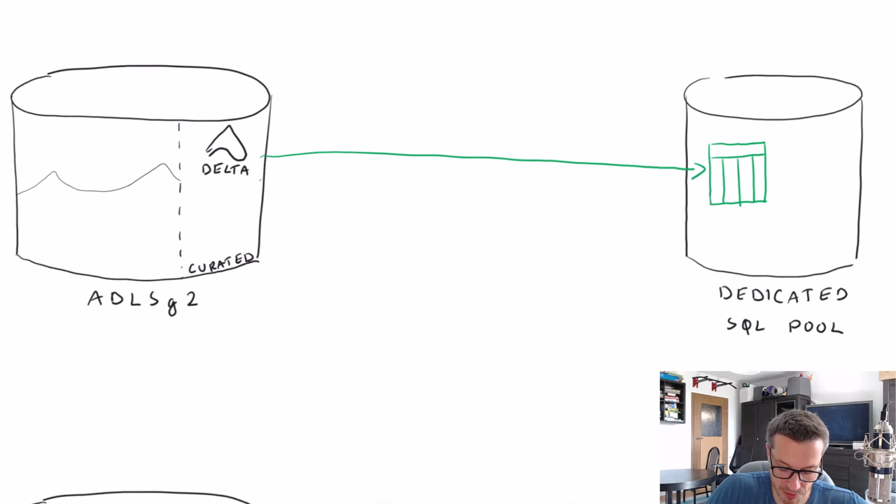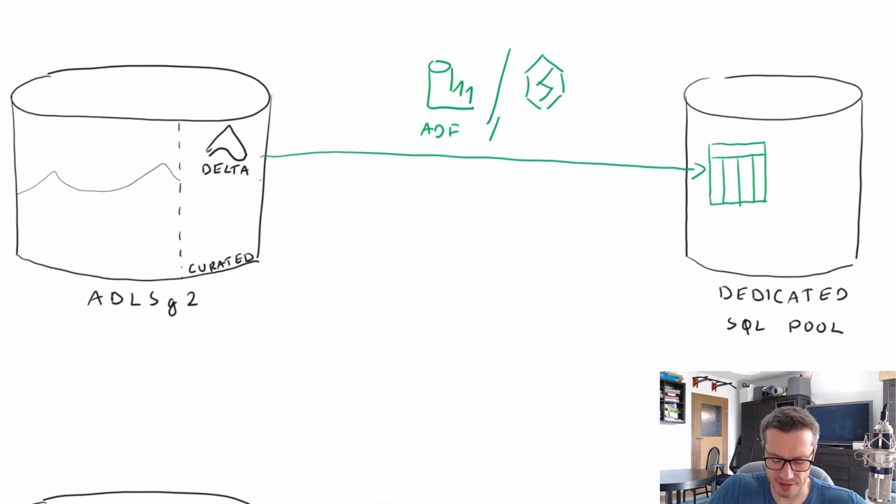We know that copy activity or pipelines exist both in Synapse and Data Factory, so ADF and Synapse would look basically the same. And what we want to use is this copy activity.